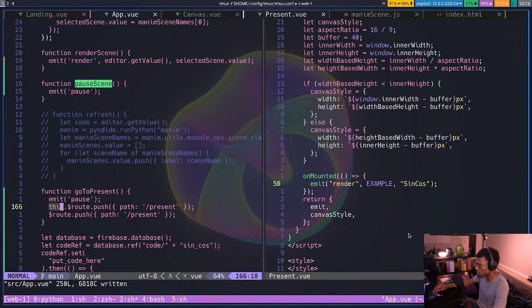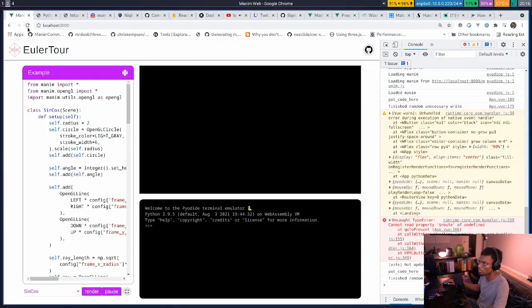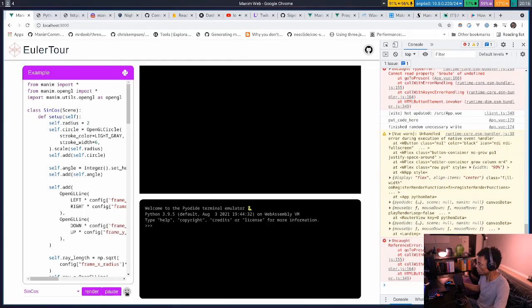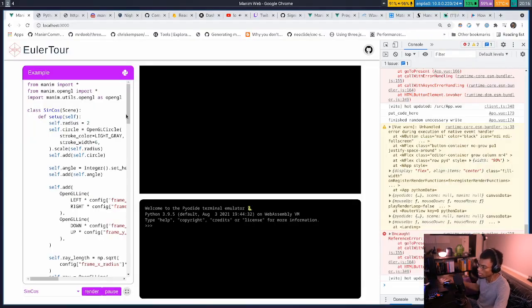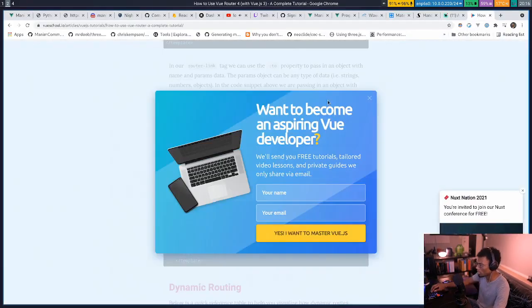Okay. Yeah, $route isn't defined either. That is really annoying.